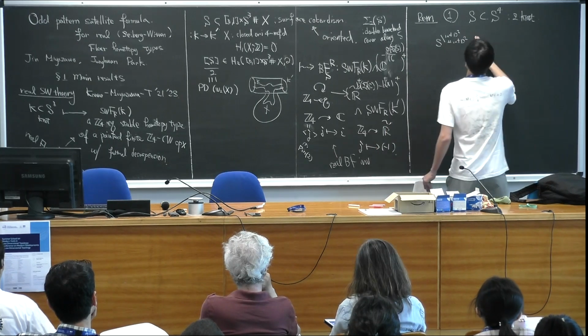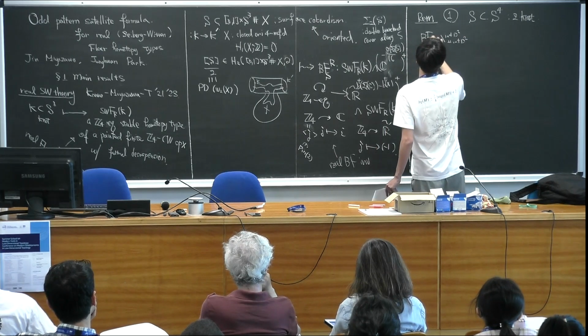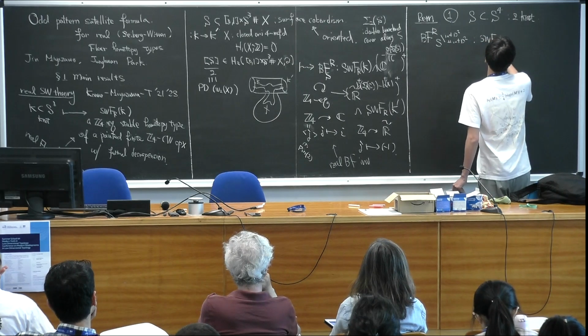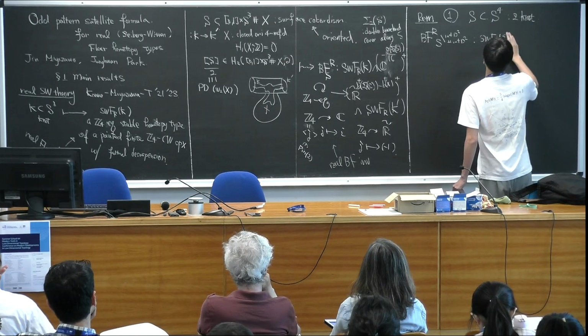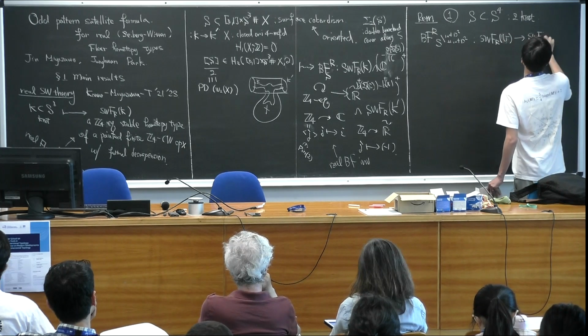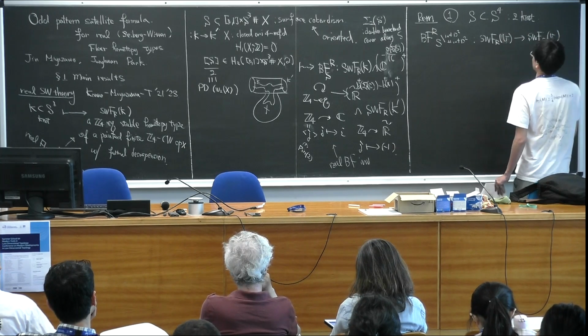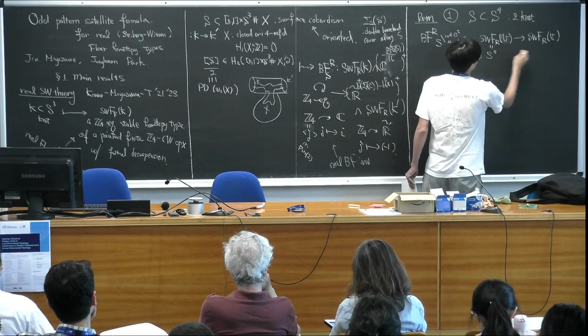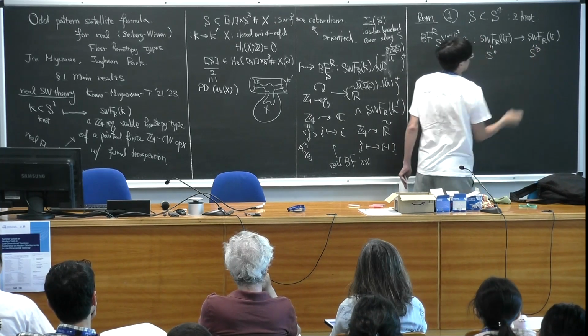And then I can apply the Bauer-Furuta invariant, which is a map from the Floer homotopy type of the unknot to itself. We can say this is just S0, and this is also S0, stably.